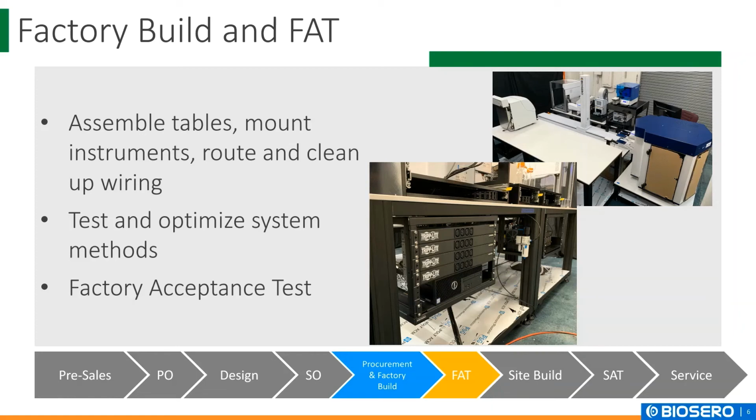During the test, we execute the system method and run through a checklist to ensure everything that was scoped is delivered. If deviations are identified, we can address them prior to site installation. This is critical as it allows the customer a chance to see the system in advance and gives a chance for some last-minute tweaks that would otherwise stall a system installation on site. Our overall objective here is to minimize the time at the customer site and to mitigate risk.